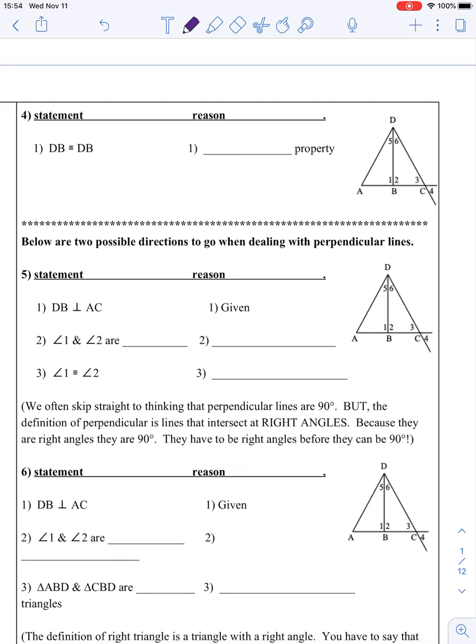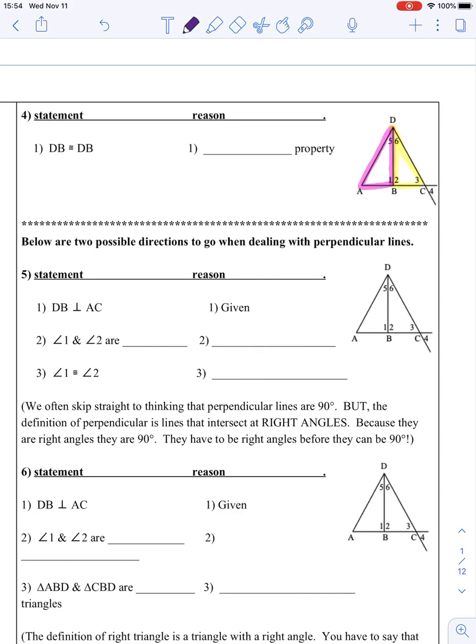Now, this next one may be a little bit new. You've probably talked about properties before, but we haven't used a lot of it in here. But DB is equal to DB, which is kind of a funny thing to say, but it's important because if you look, you have 2 triangles here, and this is where we're going to need it later. You see this triangle ADB, and then we also have this triangle CDB, and see how DB belongs to both of them?